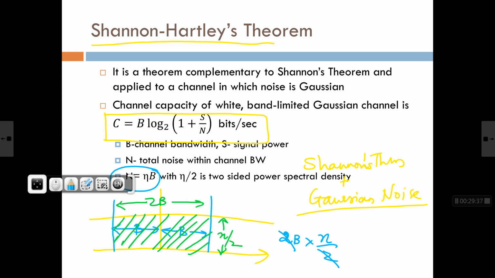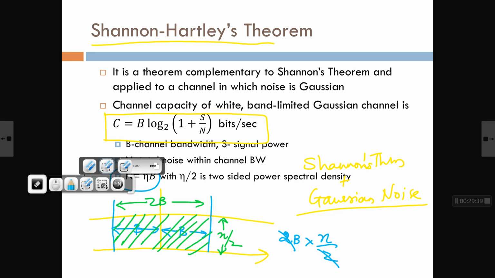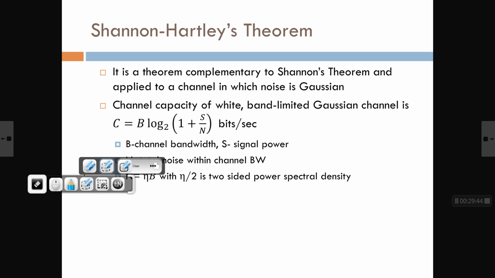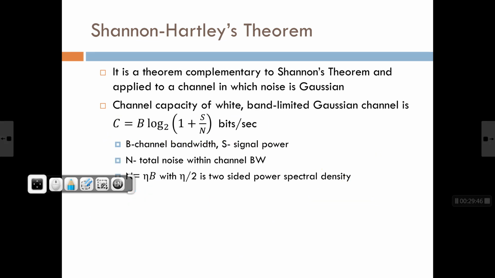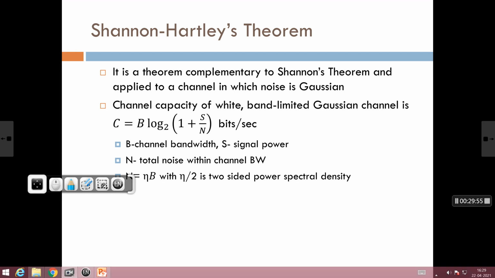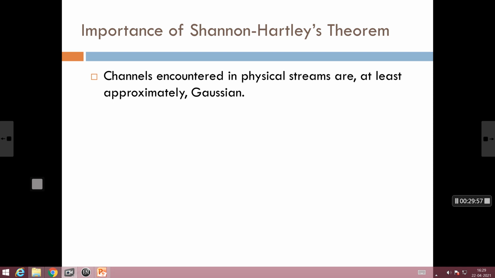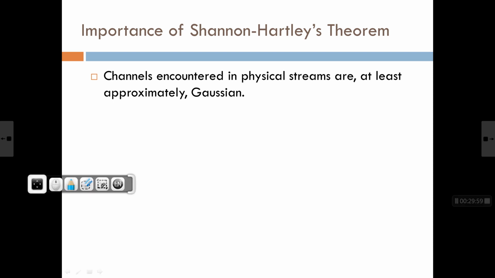So now the Shannon-Hartley theorem, what does it tell us? It tells us the equation of C, the same thing that was told previously by Shannon's theorem. So additional information is that it tells what the capacity is. Now, what is the importance of the Shannon-Hartley theorem? Why have we considered only AWGN noise and demonstrated this only for AWGN noise?